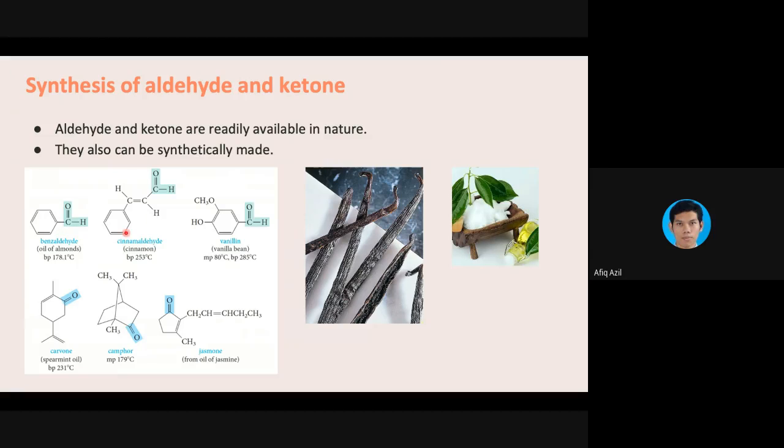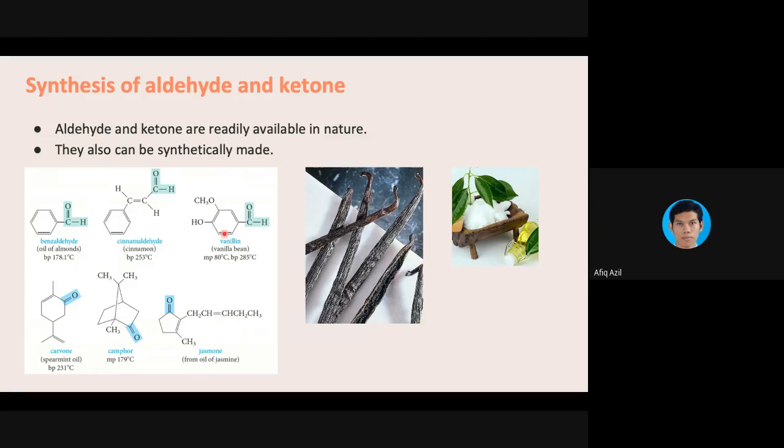And then from cinnamon. If you do a lot of cooking and use cinnamon, the taste that gives cinnamon its specific flavor is cinnamaldehyde. This is the chemical component that actually contributes to the cinnamon taste. It is the same for vanilla. This is a vanilla bean.